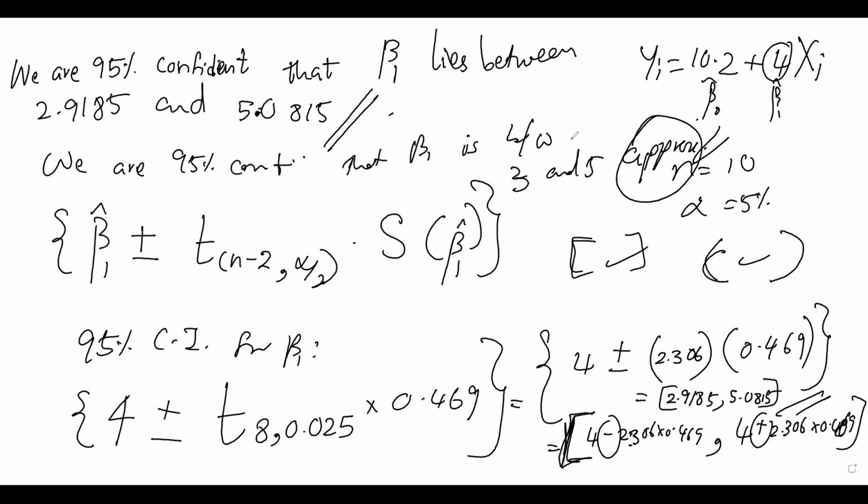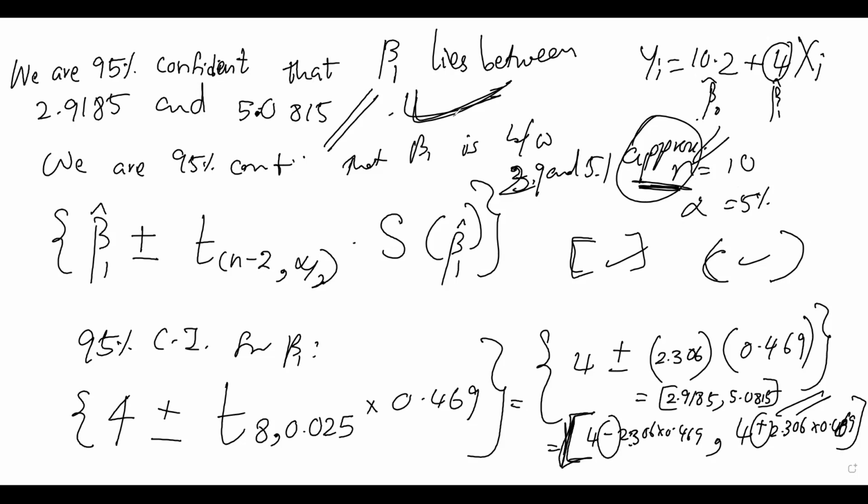So this word is a must if you are rounding it off to the nearest integer, right? But please round it off correctly. Don't write 2 and 5 because it's wrong, right? This is not 2. So I encourage you to use this way. But if you are rounding it off even further, just use this word approximately. Always have at least one decimal place, that is better. 2.9 and 5.1. Yeah, it's enough.